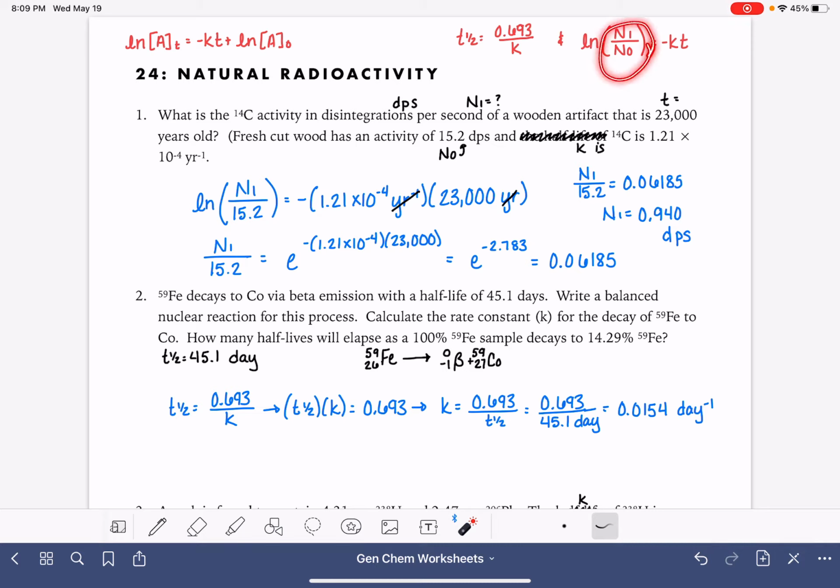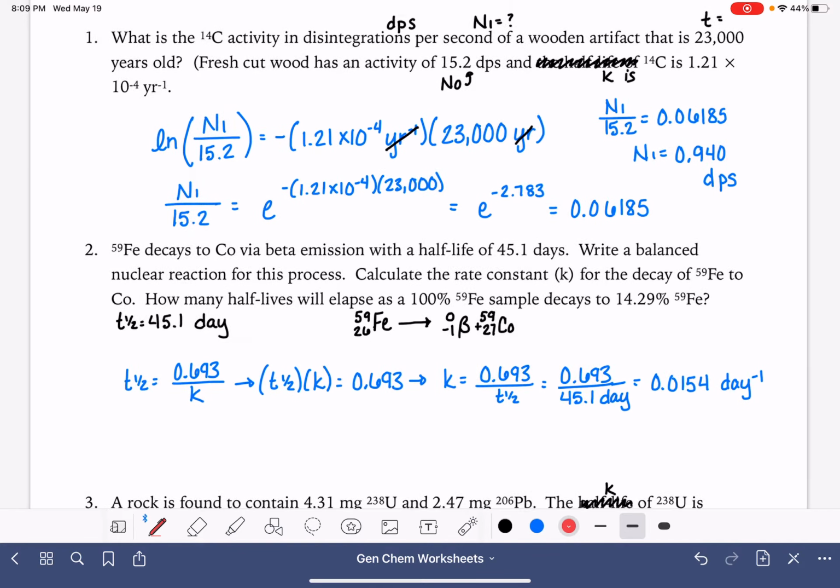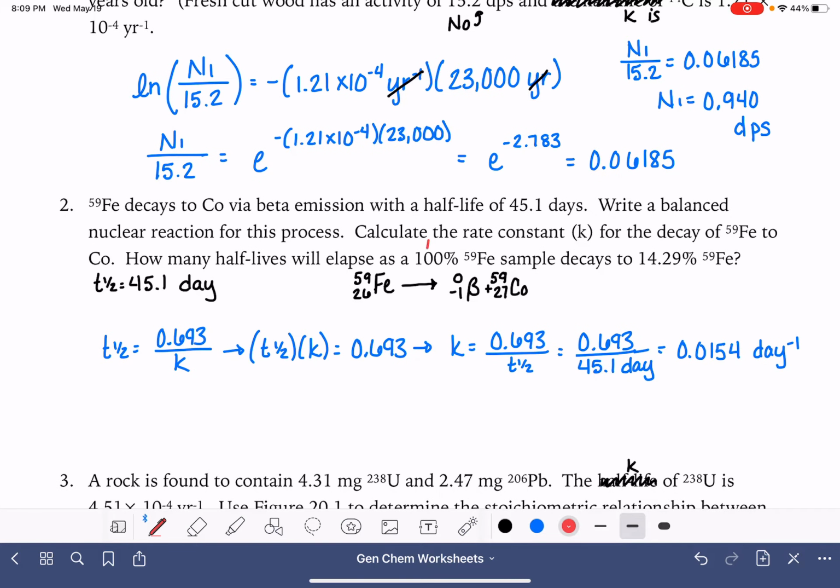In this n sub 1 and n sub 0, we can actually plug in these percentages. For this problem, our initial amount, which we're going to use as our n sub 0, is 100%. And at the time that we're interested in, the amount is 14.29%. So that's going to be our n sub 0 and our n sub 1.